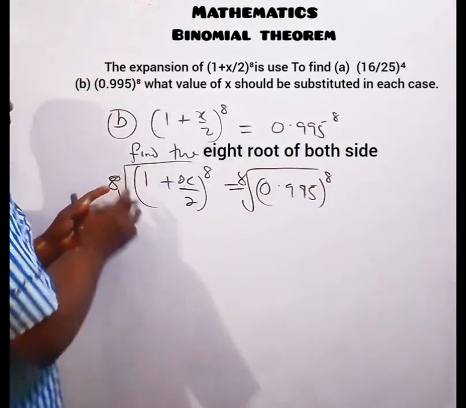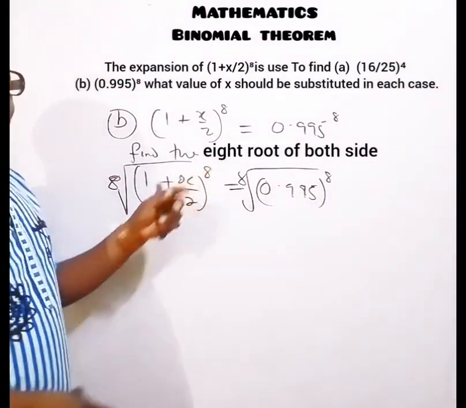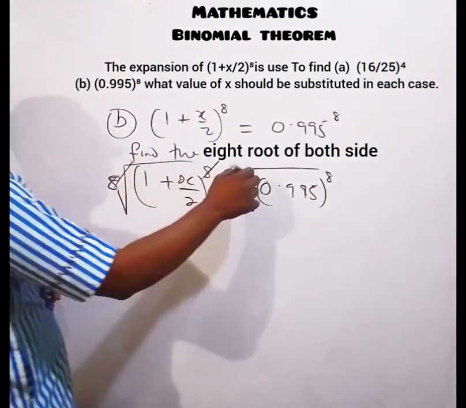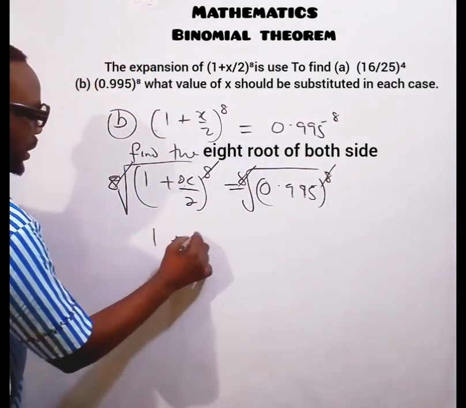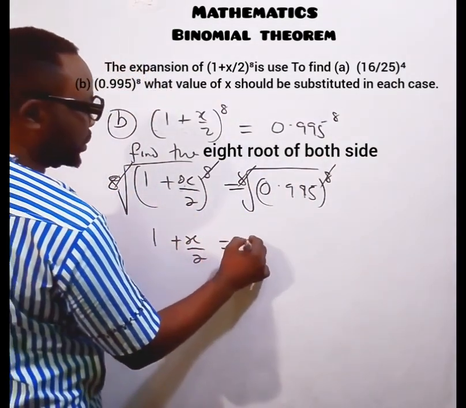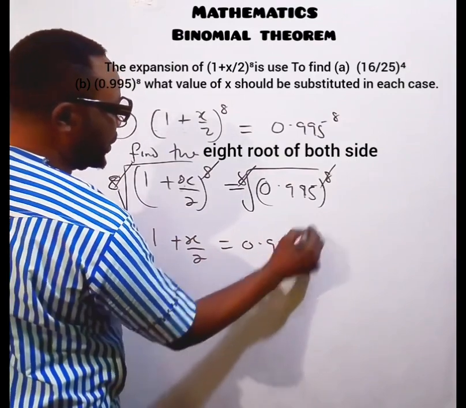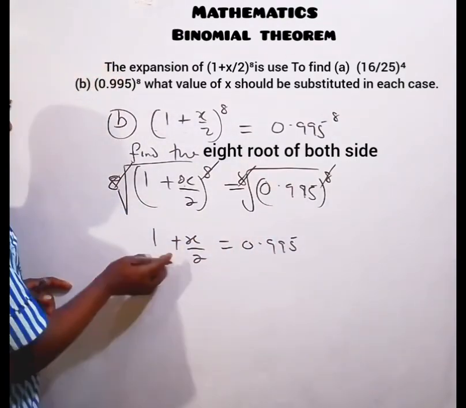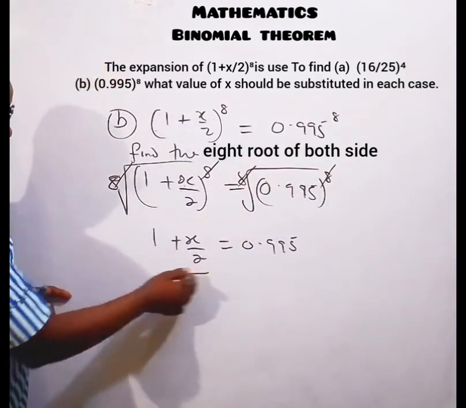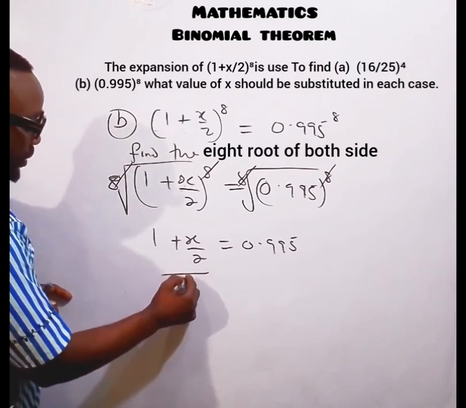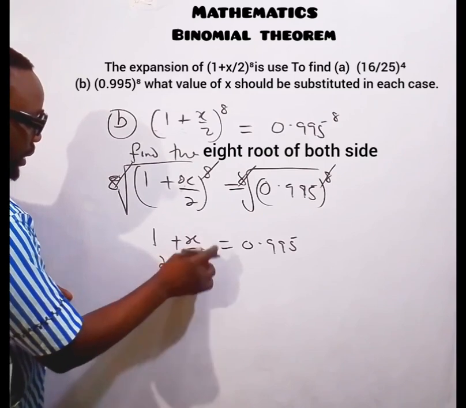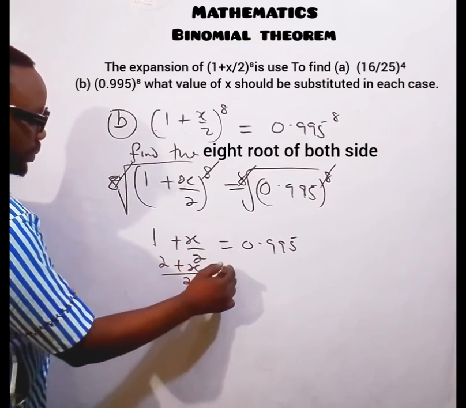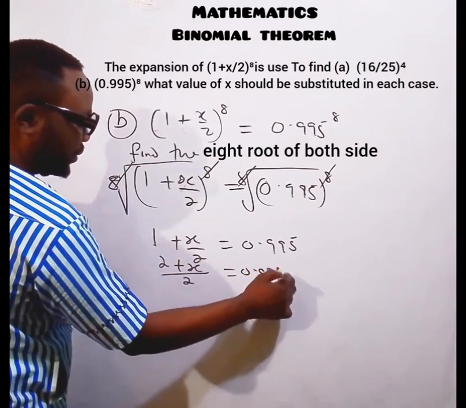Anytime you have the 8th root and the power of 8 coming together, they neutralize one another. So it remains 1 plus x over 2 equal to 0.995. Now, at this stage, we have to find the LCM here. The LCM is 2. 1 into 2, 2 times 1, 2, plus 2 into 1, x, that's 2 plus x, equal to 0.995.